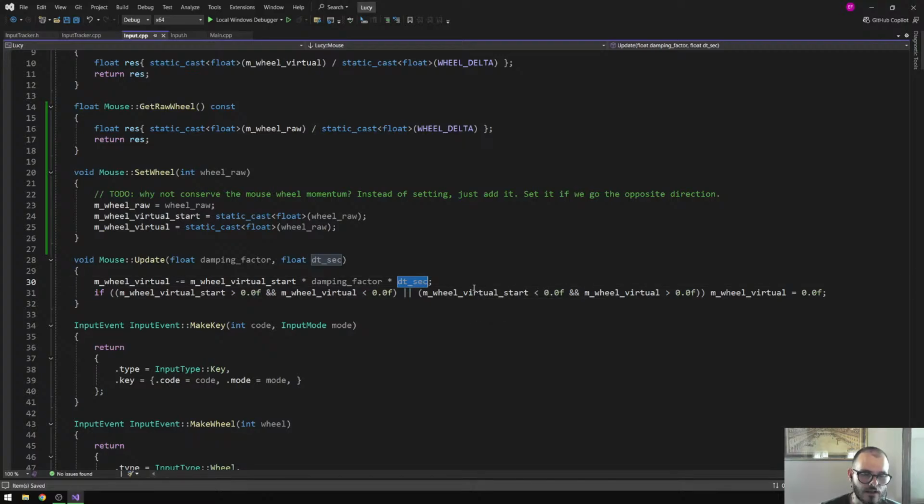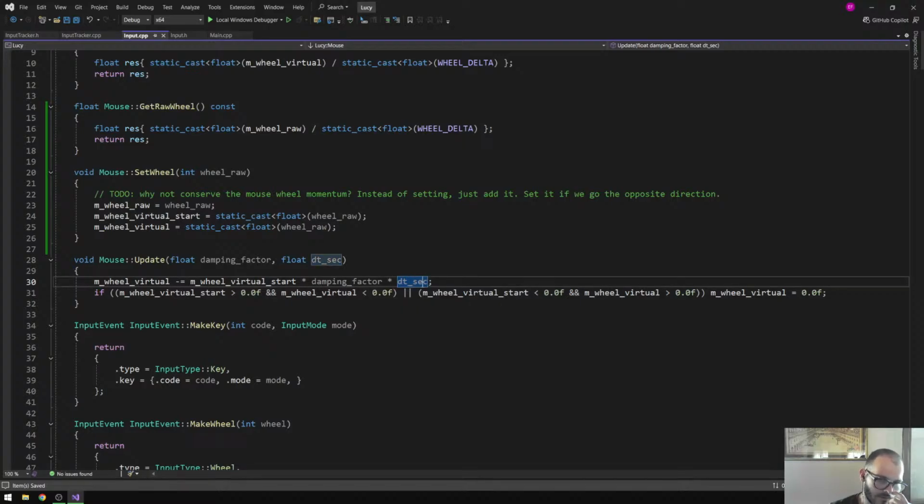This is a delta, the amount of time that passed from the previous frame to the current frame, the time to process the last tick.